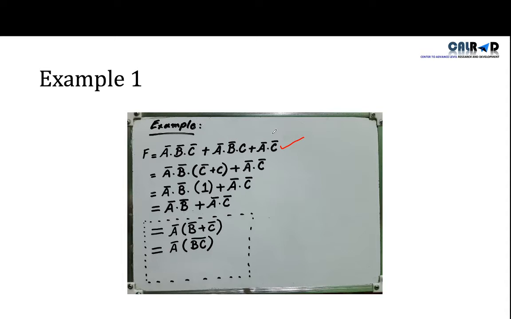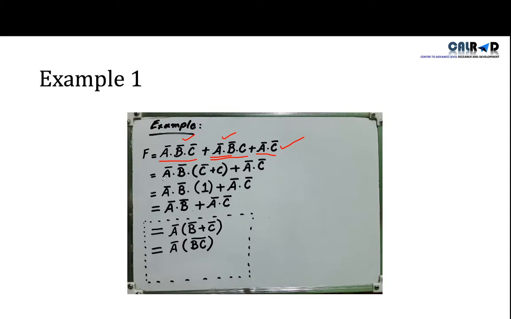What is given in this equation? Here we can see A bar into B bar into C bar plus A bar into B bar into C, and this is separate, A bar dot C bar. There is something we can take common from these two, and that is A bar into B bar.